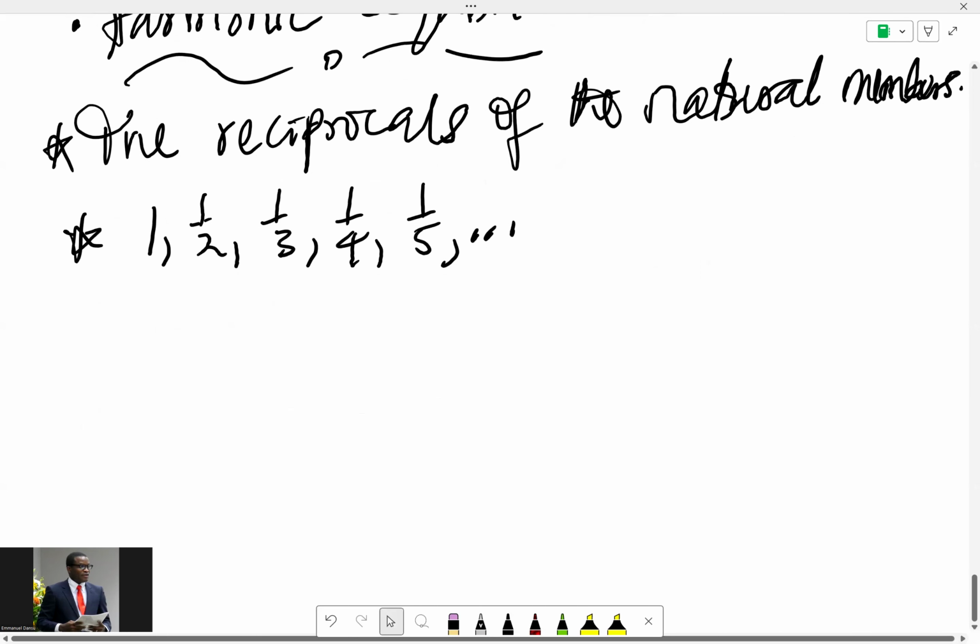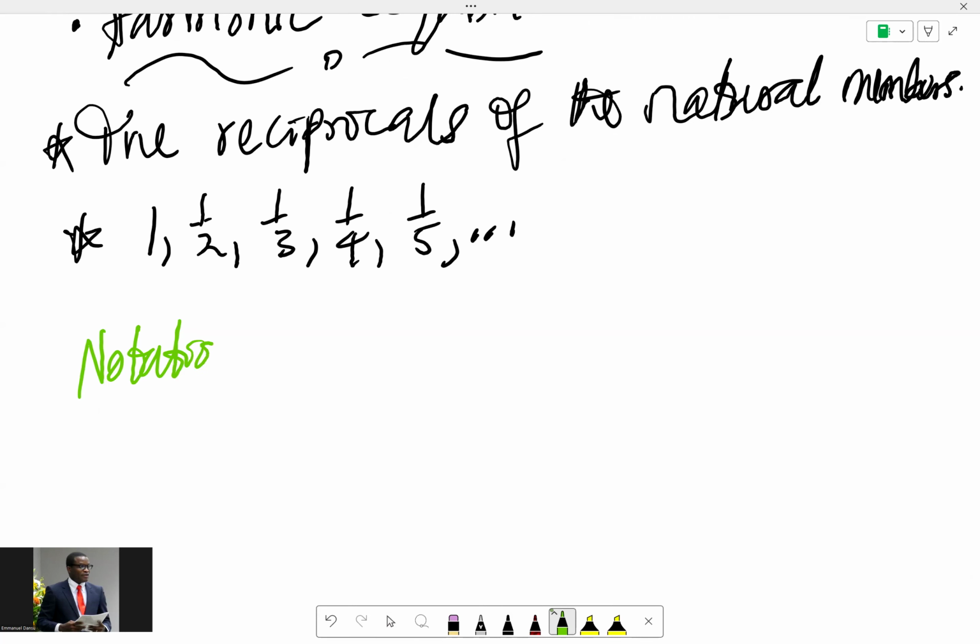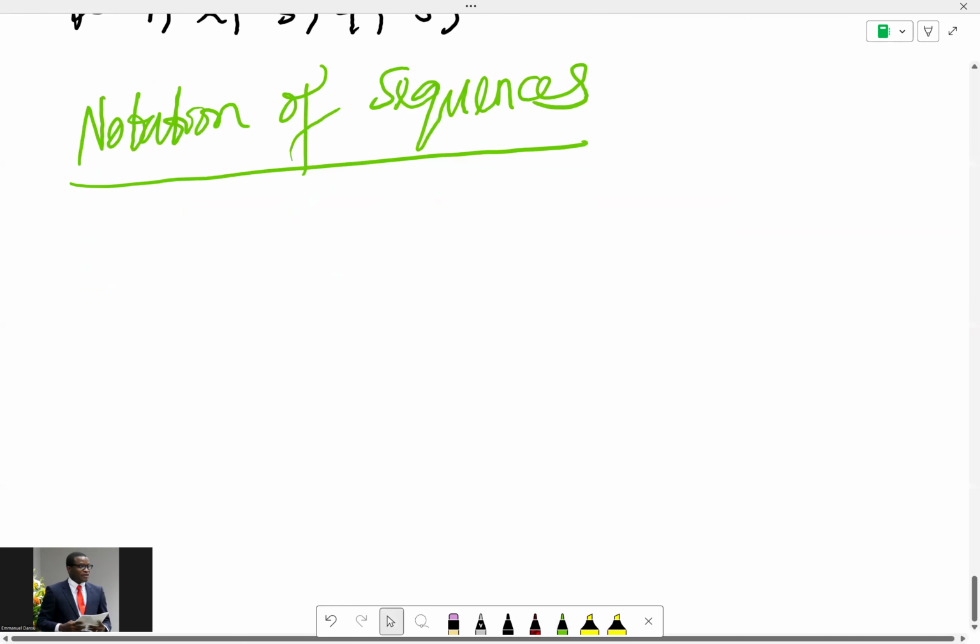So next thing, let's talk about notation. Maybe examples may not be necessary, just notation basically, and we'll be good to go. All right, so let's talk about notation of sequences. That simply talks about how you can represent sequences.